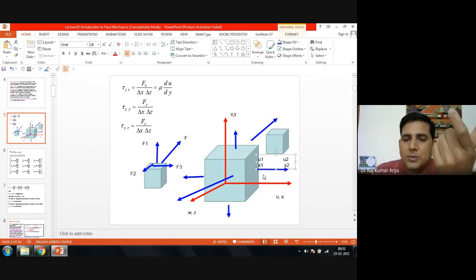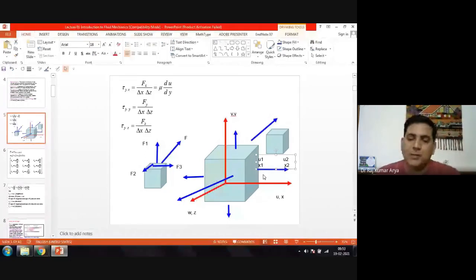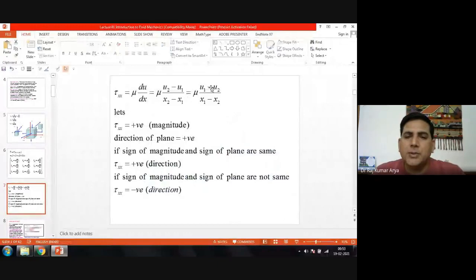So where would the shear stress go? The magnitude will come out negative. Correct or not? So the magnitude of shear stress which you calculate from this expression, u1 minus u2 divided by x1 minus x2, is now coming out negative.